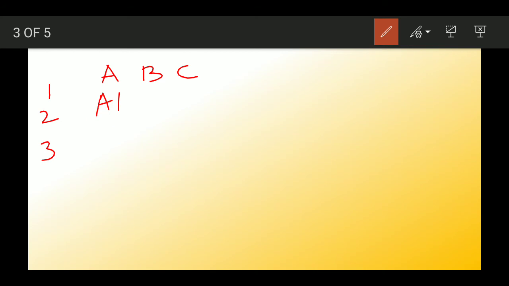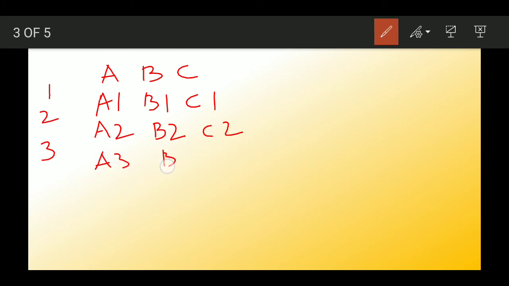Okay, this one will be B1 here, C1, and similarly here A2, here B2, and here C2. Similarly here A3, here B3, and C3 cell references.